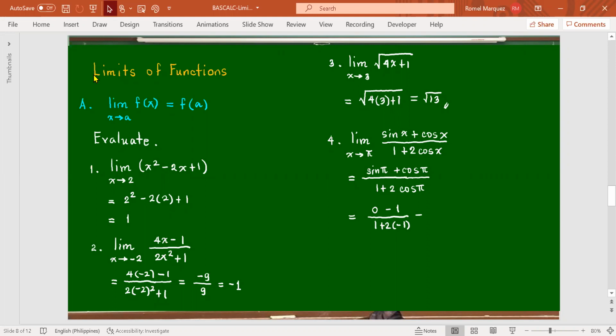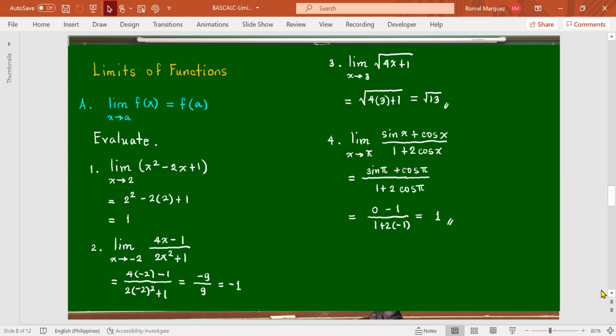What's the answer? Is it 1? Okay, so that's the limit. Take note that the time you have to remove the limit symbol, if there is still a variable, you cannot remove the limit.